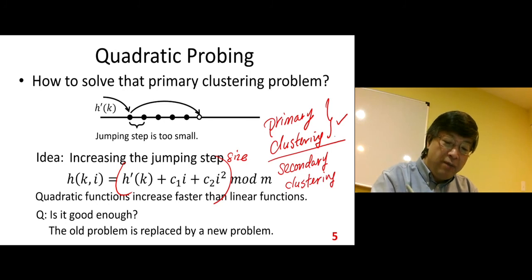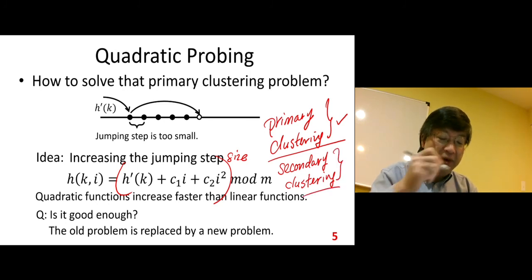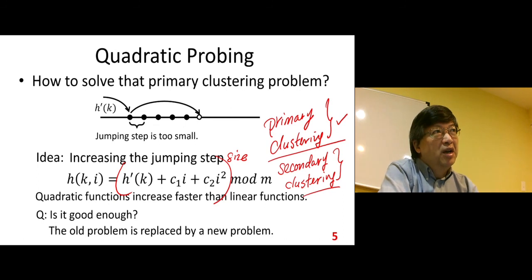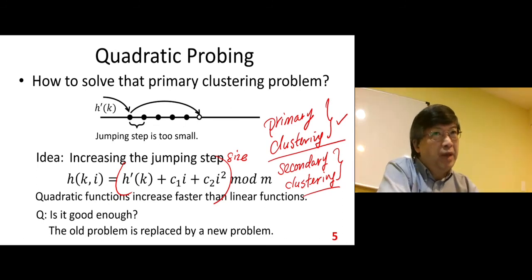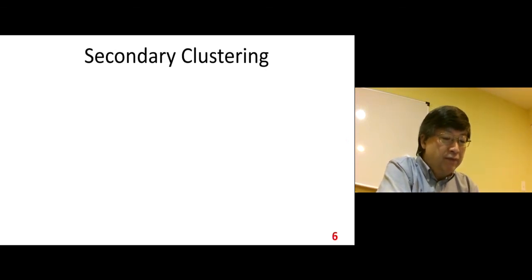So an old problem is replaced by a new problem. Slightly better than the old one, but still not quite good. What is secondary clustering? Let me explain the meaning of the secondary clustering problem.